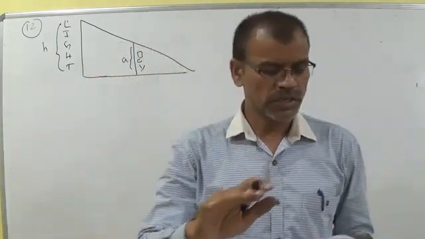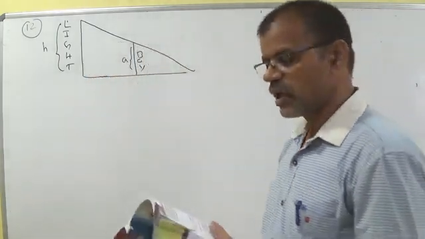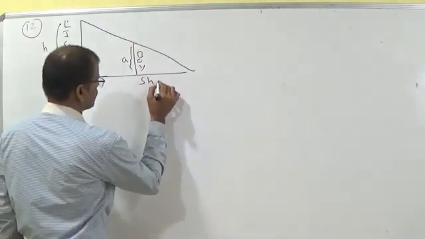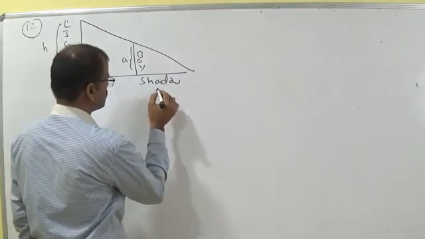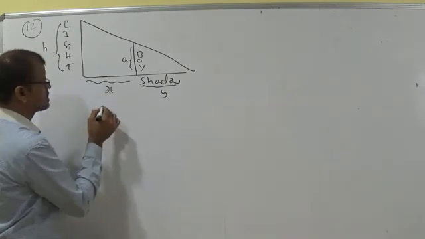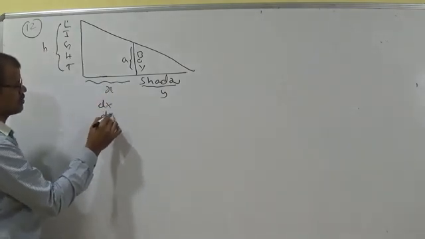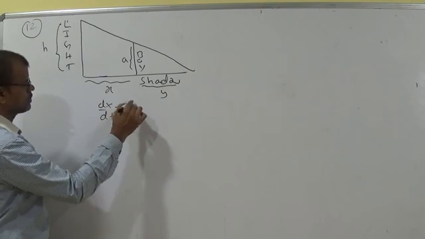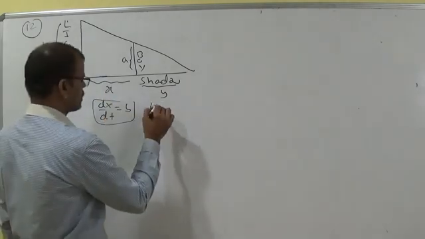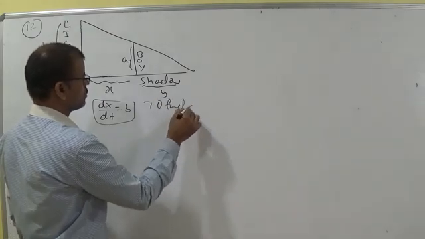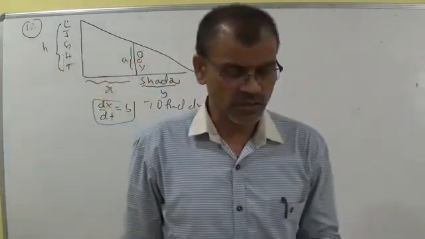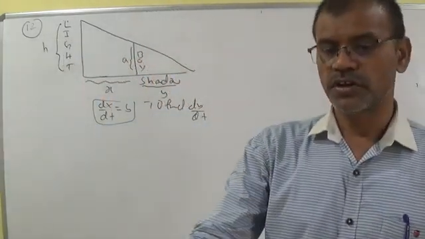If a boy walks at a rate of b meters per second from the light, then find the rate at which the shadow increases. This is the shadow of the boy. Take the shadow as y, and the place the boy moves as x. Given dx/dt, the boy's height is a and the rate at which the boy moves is b. You should calculate, I am writing here, to find dy/dt, the rate at which the shadow moves, that is the rate at which the shadow increases.